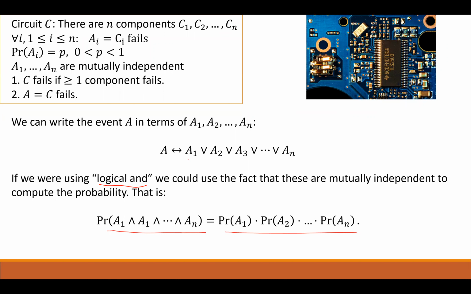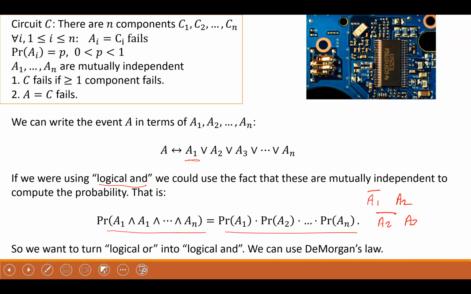But the fact that these are independent also gives us something else: this is independent of this, this is independent of this, and so on. So we can maybe use the complements in order to find something that we can compute. And so to get the complement here, this is going back to De Morgan's law.